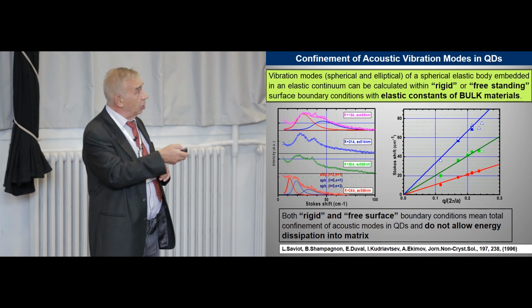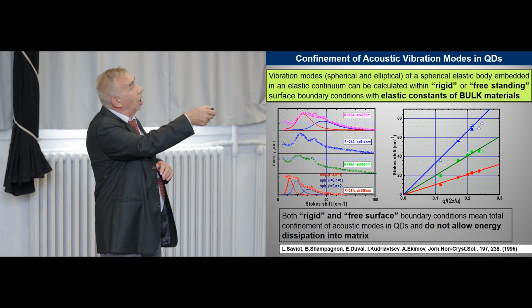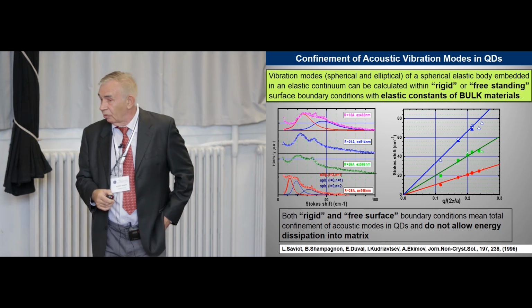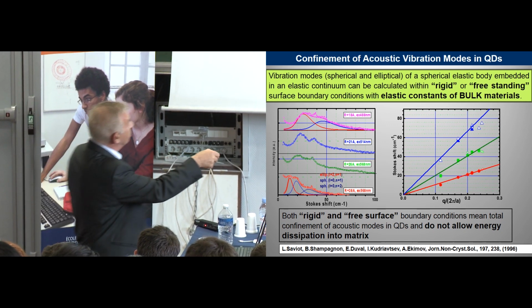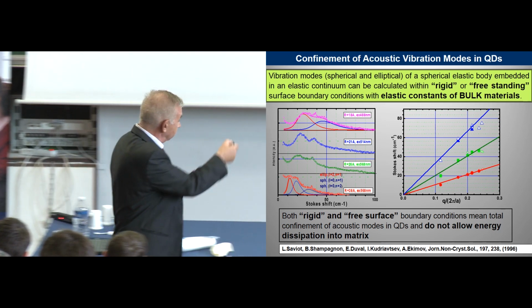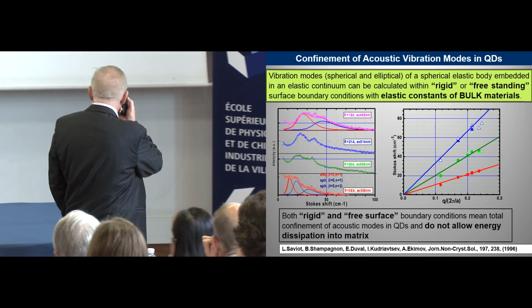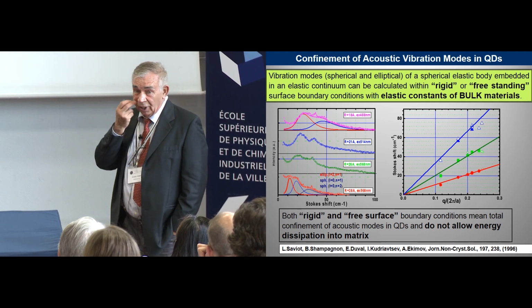And that's true. So here there is some decomposition of this low frequency component of the Raman scattering for the modes. And this is the dependence of the energy of the frequencies of this mode as a function of reciprocal radius.